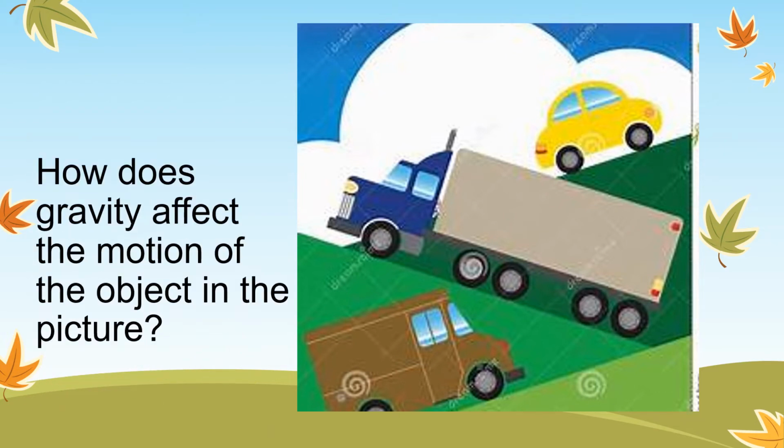Guide question: how does gravity affect the motion of the objects in the picture? Which of these three vehicles do you think is faster to go uphill? And which one of the vehicles will be a little bit slower?